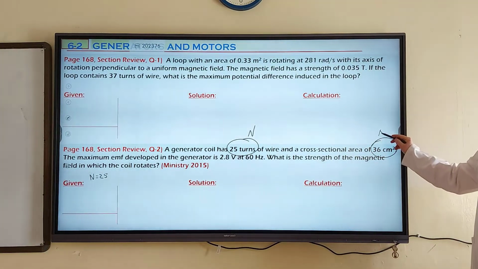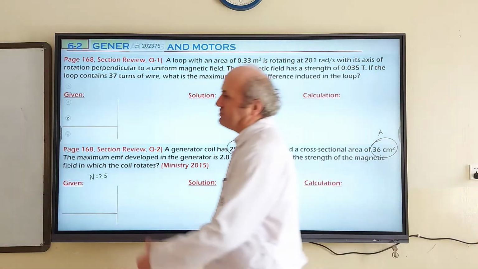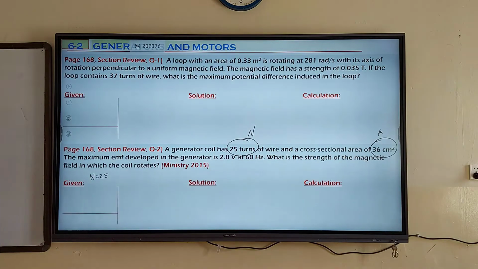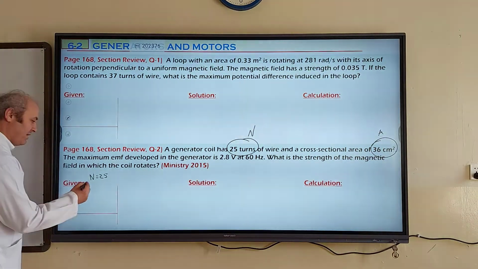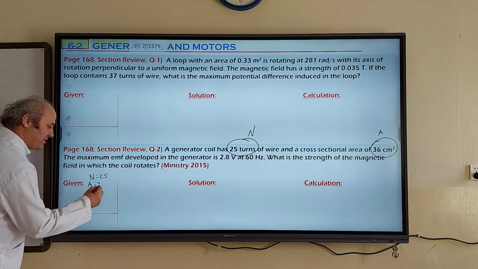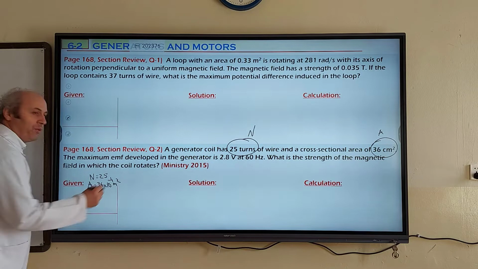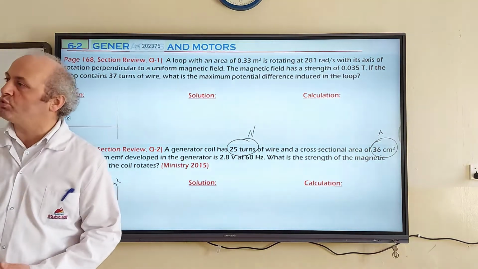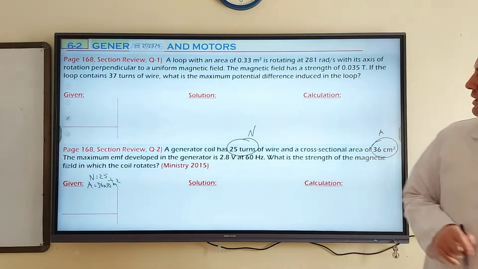This is area, but centimeters squared is not a SI unit. We have to convert it into meters squared by multiplying 10 to the power of negative 4. Don't forget. Area is 36 times 10 to the power of negative 4 meters squared. So we always convert centimeters squared to meters squared by multiplying 10 to the power of negative 4.